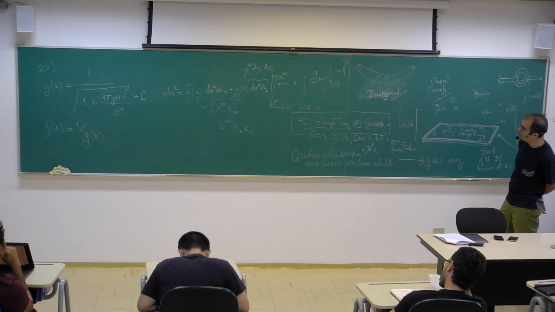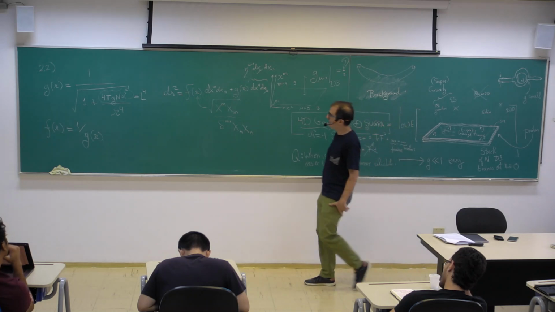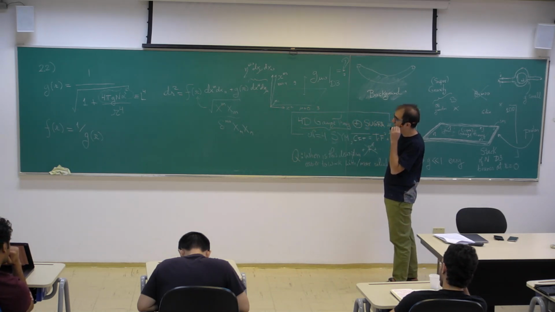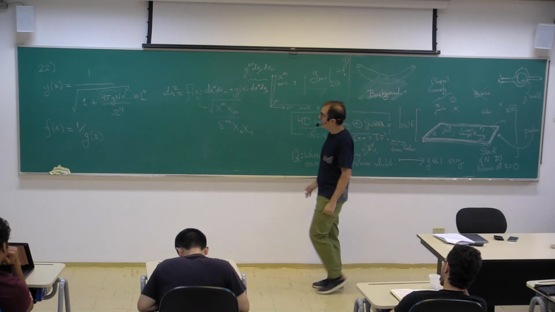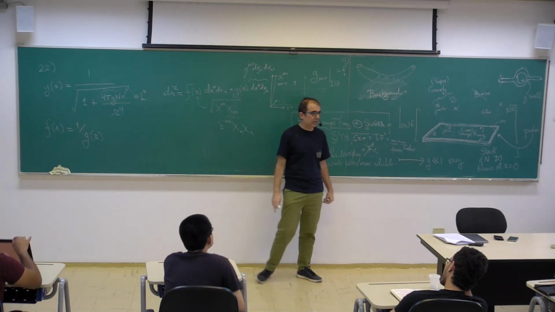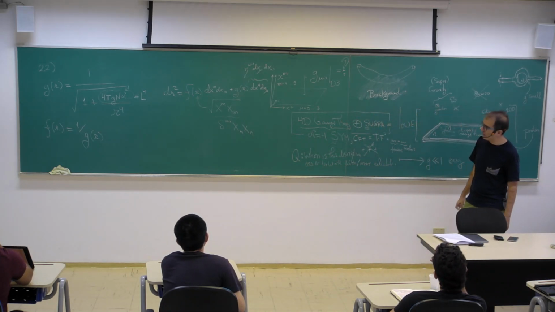Okay. So now let's look at this system and analyze this metric a bit more carefully. It's a function of R, and what happens when R is huge? Look, when R is huge, what happens to these functions f and g?